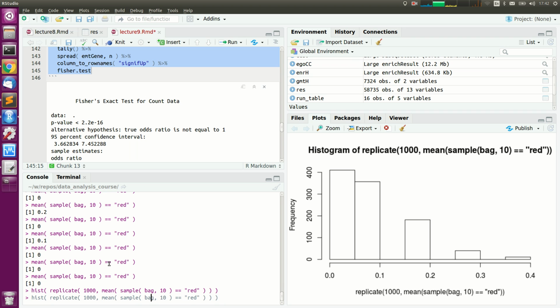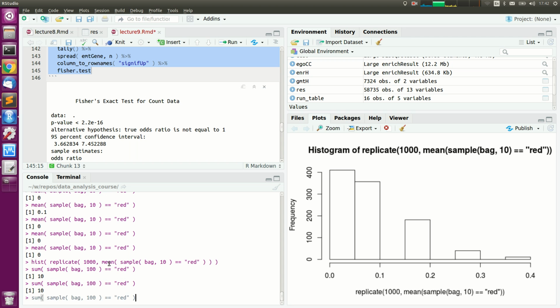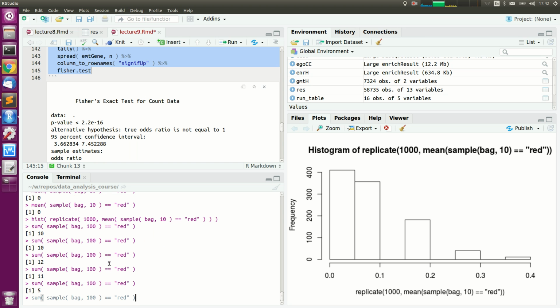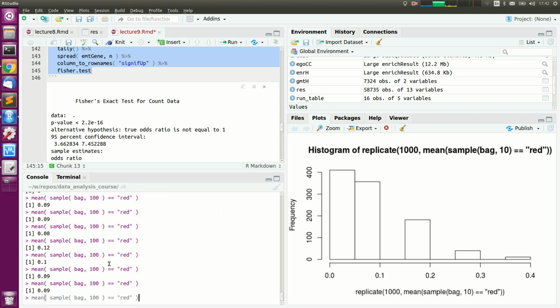If I now allow each one to draw not 10 balls, but 100 balls, things look much better. See, 10 of them red, 12, 11. If I take my mean, it's 9%, 9%, 8%, 12%, 10%, 9%. This looks quite good. And if I allowed them even to take 1,000 balls, then it gets even closer to the proper result.